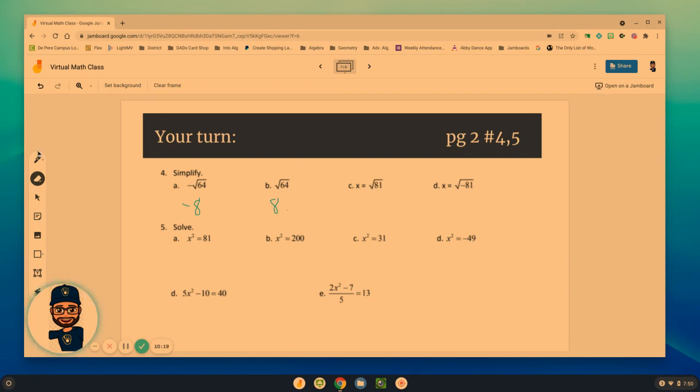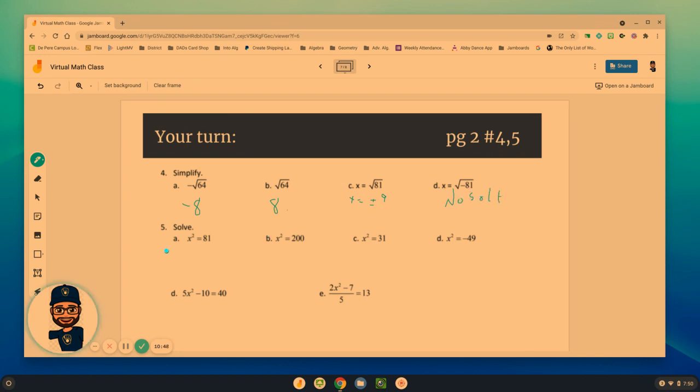In letter C, where it's solving, x equals, it's because of this that we say x equals positive or negative 9 when we're solving. So a slight difference in those two. Whereas letter D, if we're ever asked again to take the square root of a negative, this is no solution.